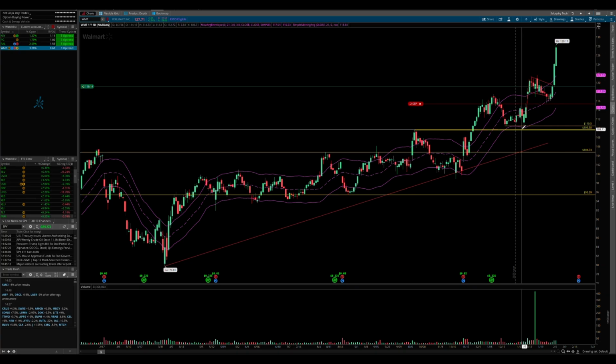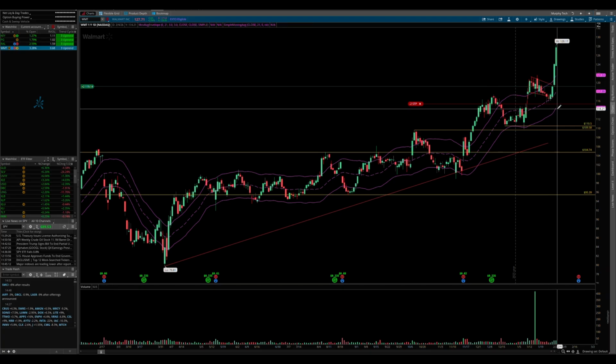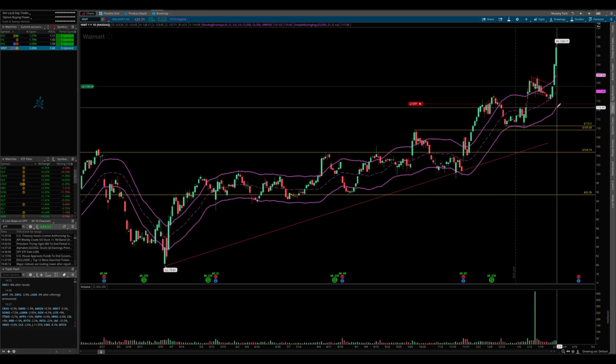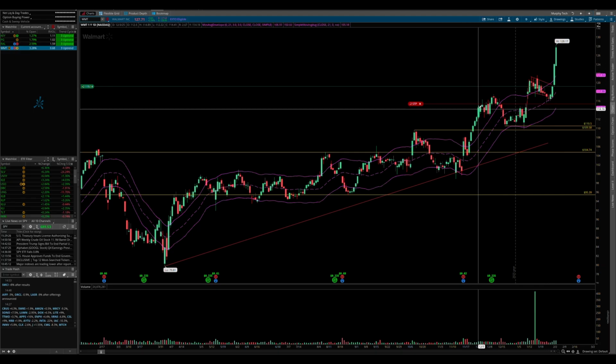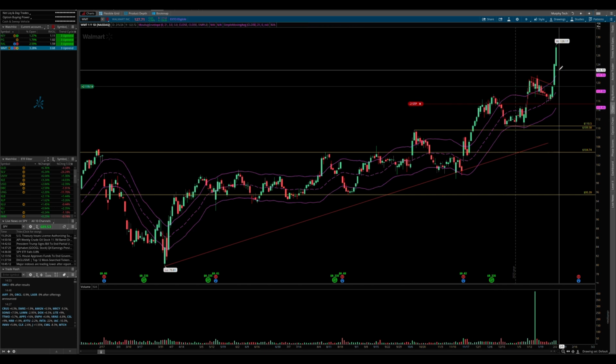A lot of traders like to use it as stops. So let's say I got in here, I could use that as a stop. I personally like the recent lows, but they could use that 3% away from the moving average as a stop. And then you can also use it as, hey, are we super far away? Are we going to come back in? Maybe I wait for it to come back in and see what the move is.